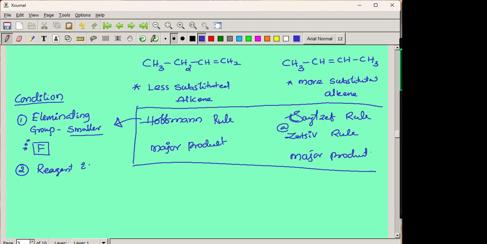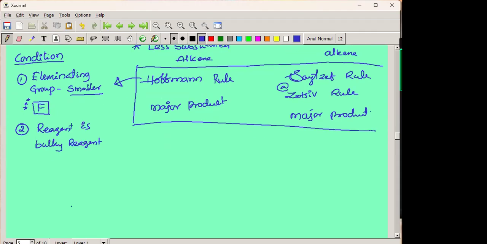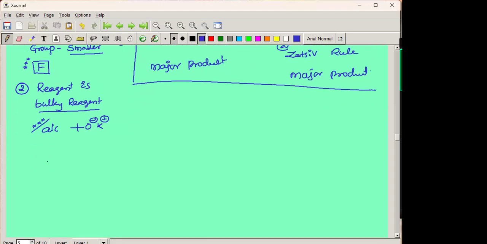In this condition also, what forms is the Hofmann product. What is a bulky reagent here? I am going to take alcoholic tertiary butoxide ion, or potassium tertiary butoxide, or sodium tertiary butoxide. So this is a bulky reagent. If the reagent is a bulky reagent, the formed product is the Hofmann product. This is the second condition.